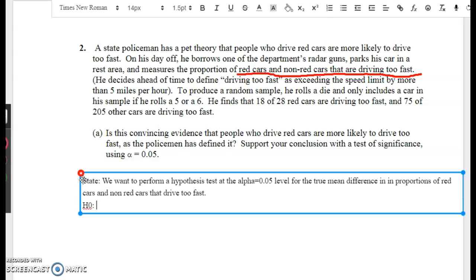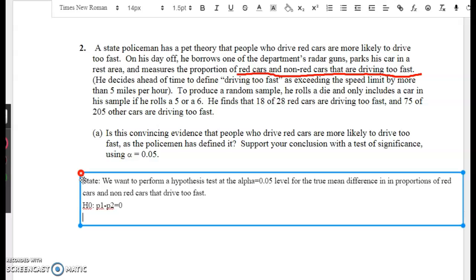And our null here will be that the difference, P1 minus P2 equals 0. Our alternative: let's call red cars P1, and other cars P2. So P1 minus P2 is going to be greater than 0 here if I think red cars are more likely to speed.